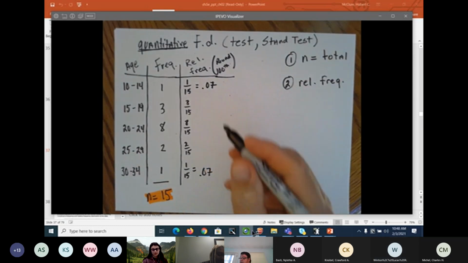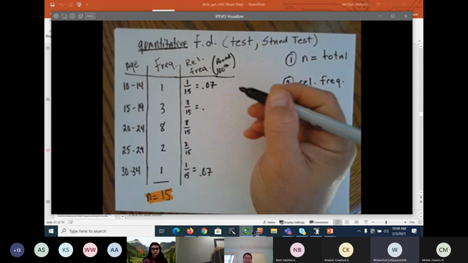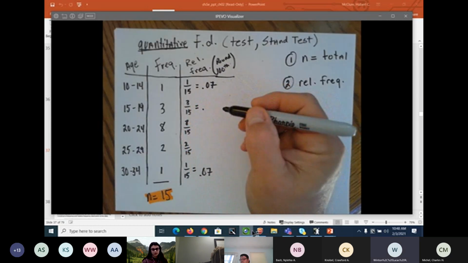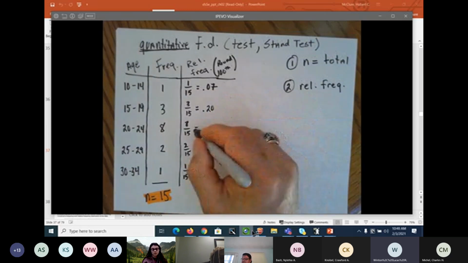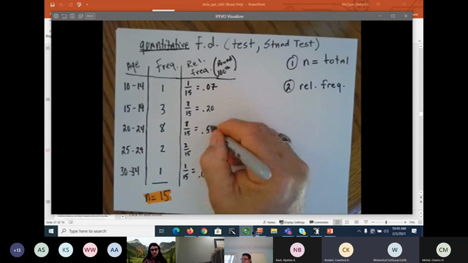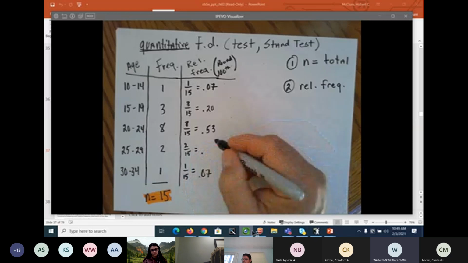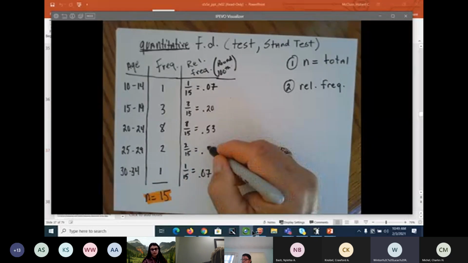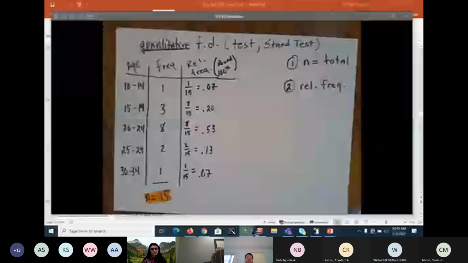Okay, somebody give me 3 over 15, to the nearest hundredth. Point what? 0.20. And somebody give me 8 over 15, please. 0.53. And somebody give me 2 over 15, please. 0.13. And that is how you do the relative frequency on a test.